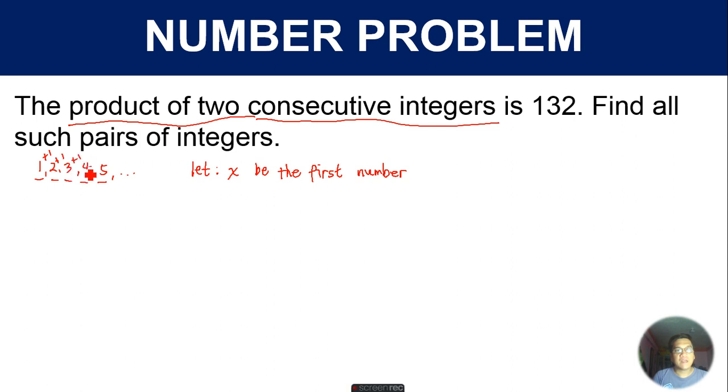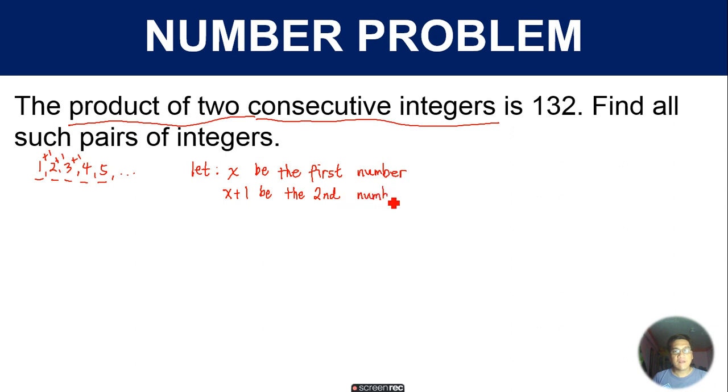And then 3 plus 1 equals 4. So meaning to say, we add 1 to the previous number to get the next number. In this case, we're going to add 1 to the first number. If our first number is x, that will be x plus 1. So x plus 1 is the second number.